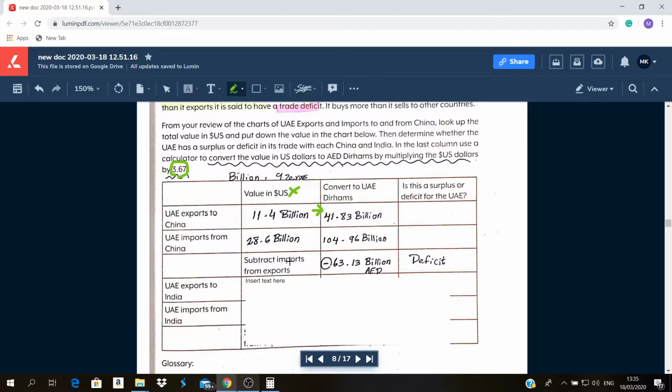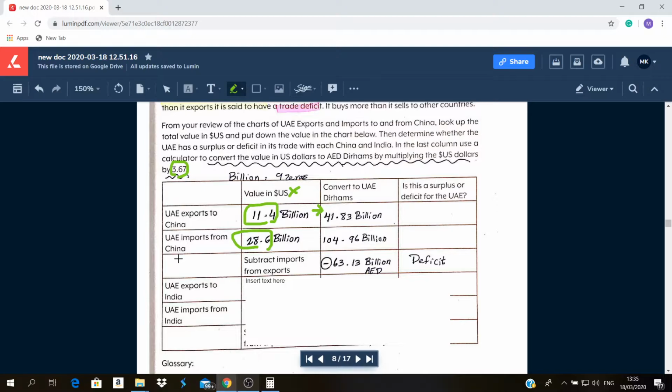Now, let's see, before doing all of this, which is more, the imports or the exports? It's the imports. So the UAE is buying things from China more than selling.